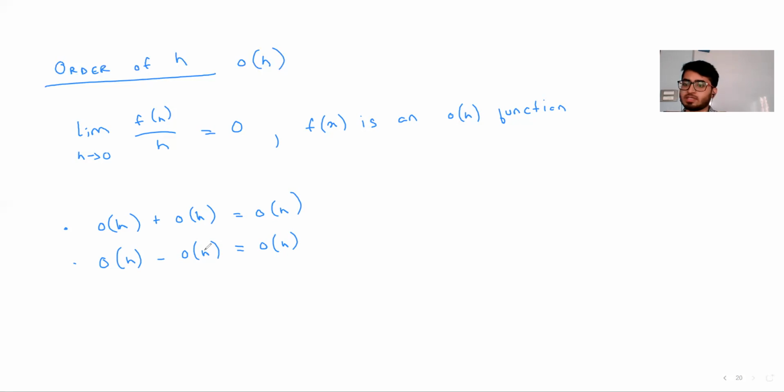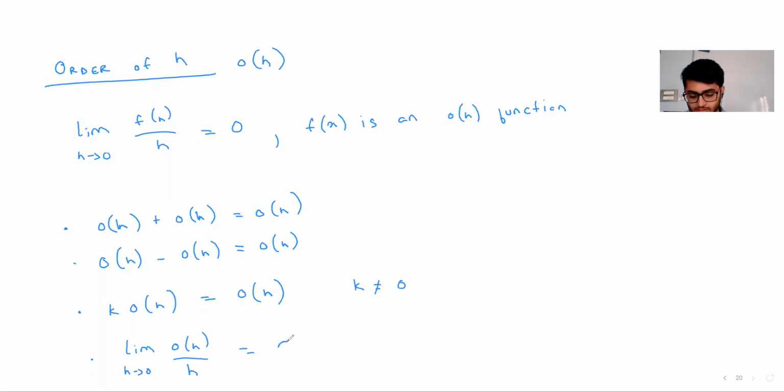This OH is a function which has this property. So if I subtract any two functions, both of which are OH, then the resulting function will also be an OH function. If I multiply any non-zero constant to an OH function, then again the resulting function will be an OH function. And finally, by definition, limit OH by H, H tending to 0 is nothing but 0.